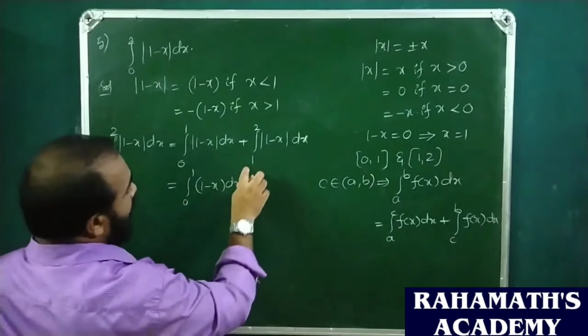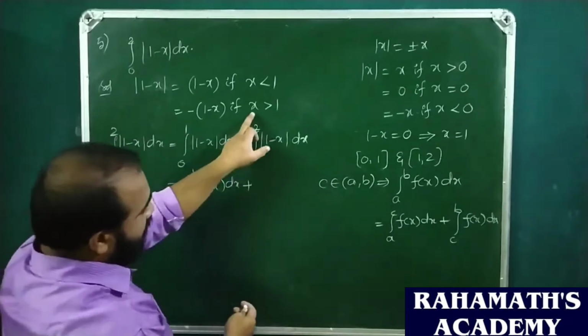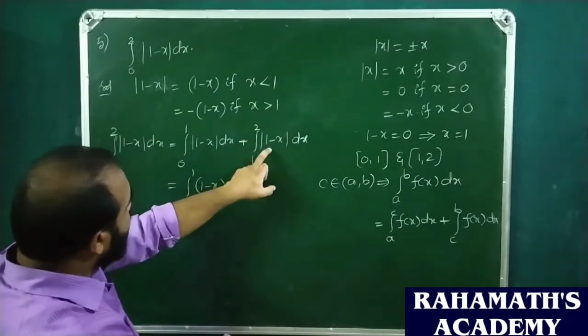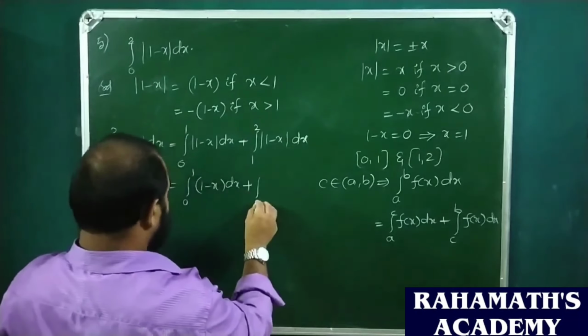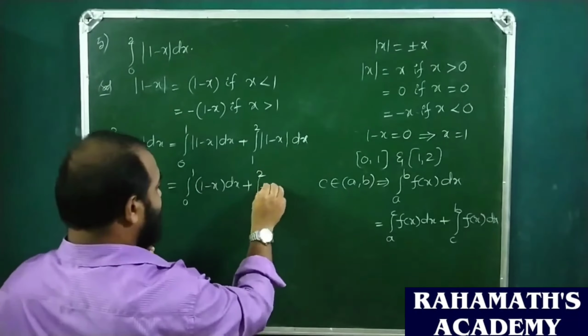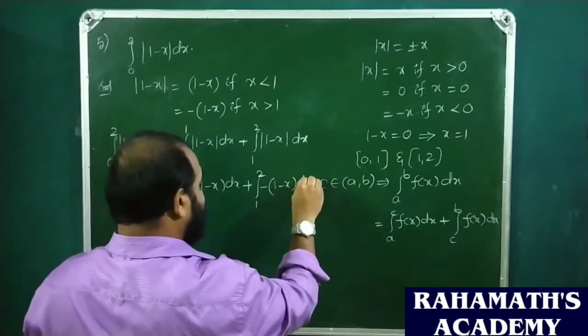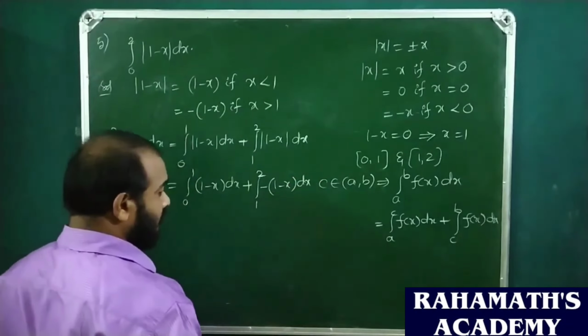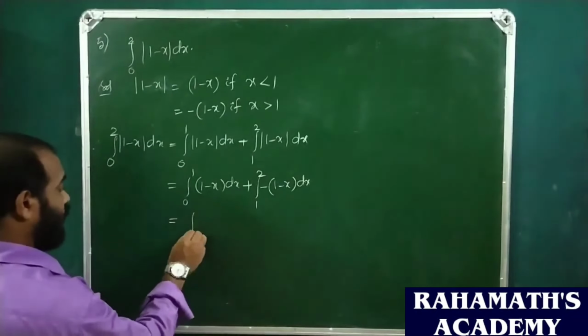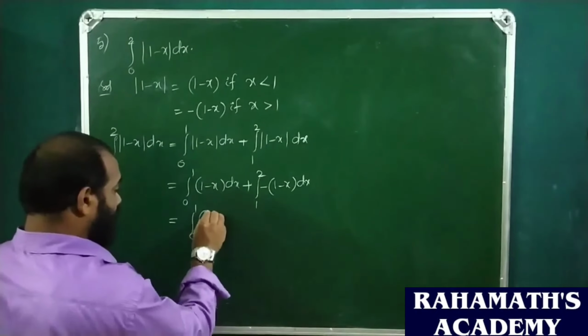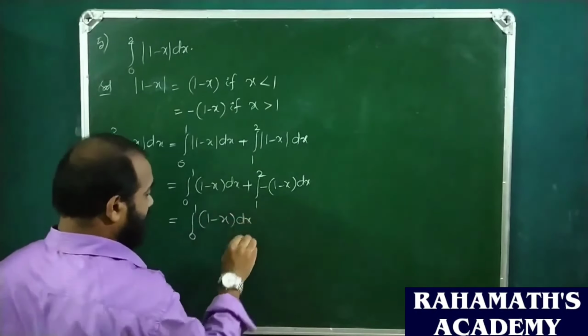Plus 1 to 2 means greater than 1, so this value is minus of 1 minus x dx. This equals the integral from 0 to 1 of 1 minus x dx.